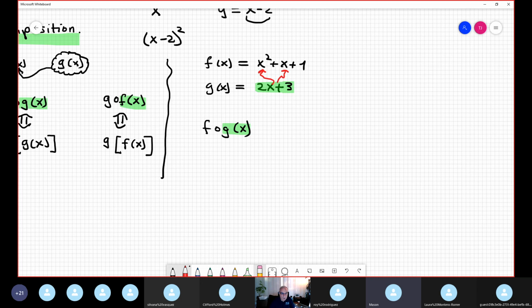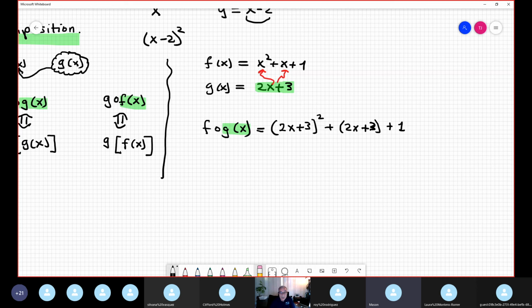So you copy now (2x plus 3) squared plus (2x plus 3) plus 1. Because the last part is just a constant, it has no x. So basically, I take the green expression and replace in the second function for x. You can leave it like that, or you can manipulate.